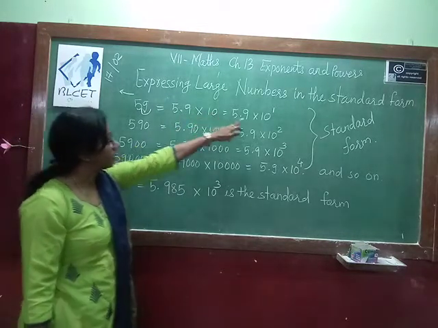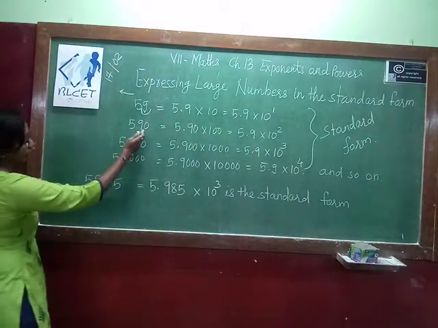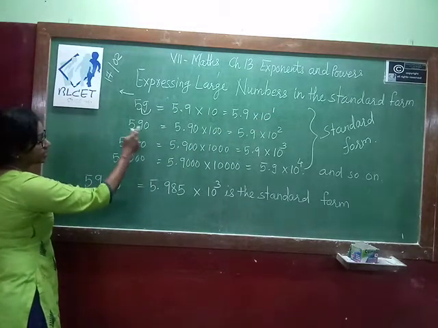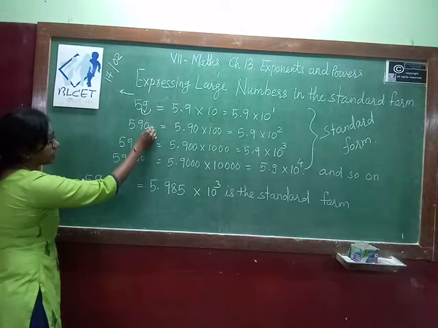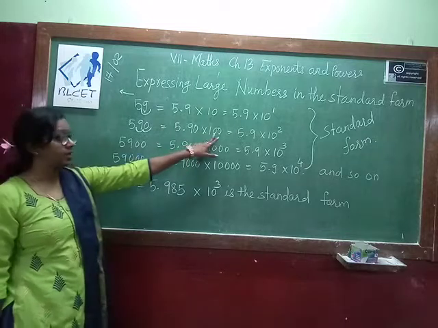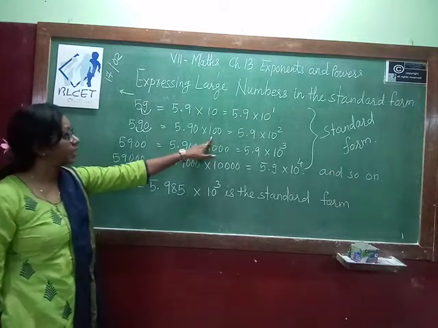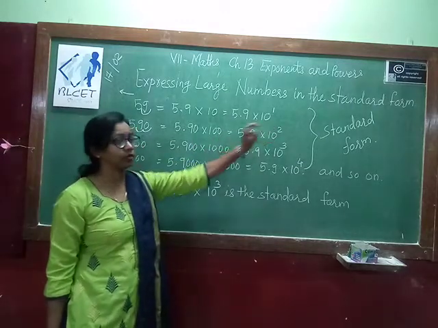So 10 means 10 power 1. Now you have 590 and you want to place the decimal point over here. How many steps do you have to move? 1, 2. So you have to multiply by 100. So 5.90 multiplied by 100. 100 you can represent as 10 power 2.